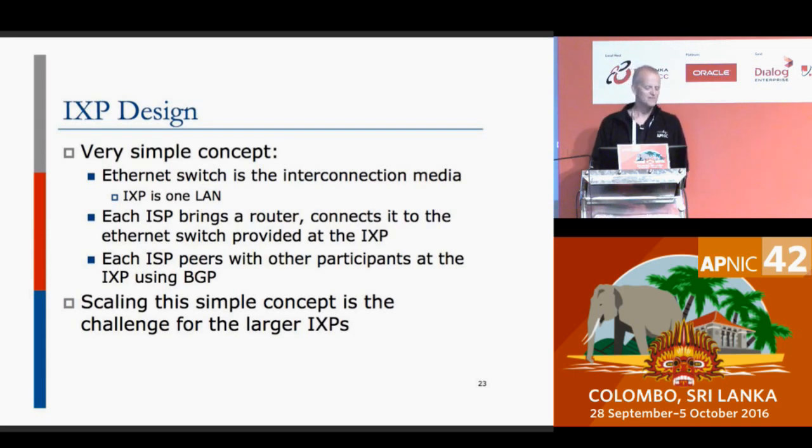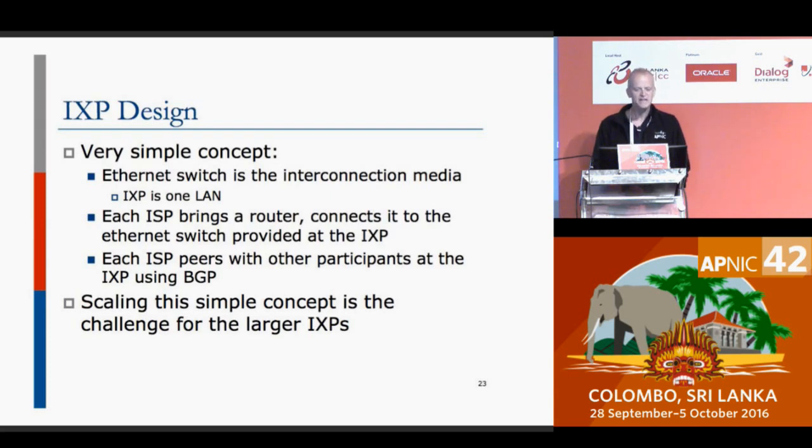So you can get a 10 gigabit, 48 port, 10 gigabit Ethernet switch for not very much money at all. Certainly a lot less than a lot of the costs of meeting and political discussions about why we shouldn't have IXs. Right, so the design is actually very simple, Ethernet switch.